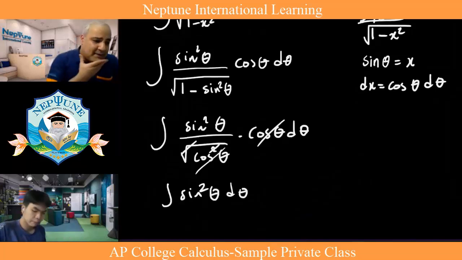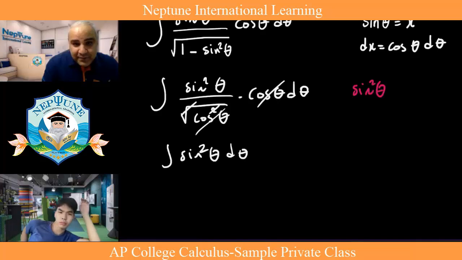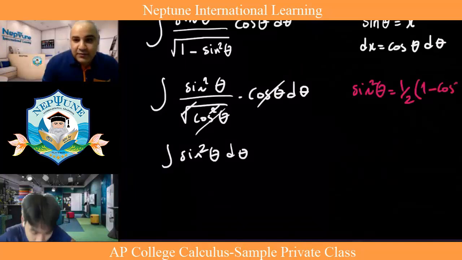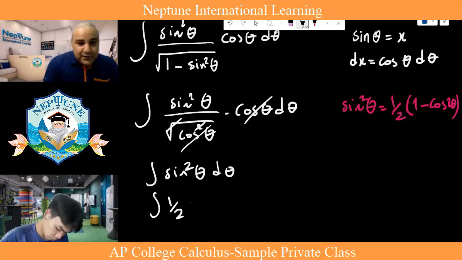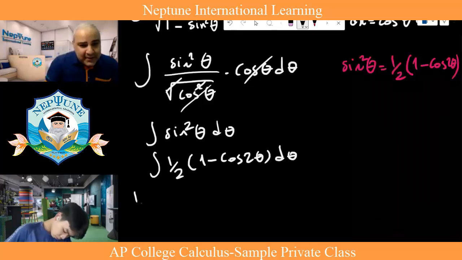Now we need to integrate this one. Sine squared theta equals 1 over 2 times 1 minus cosine 2 theta. Integrate 1 over 2, then 1 minus cosine 2 theta d theta. We can bring the coefficient out to make it easier.